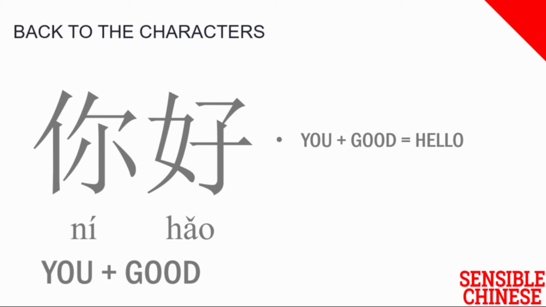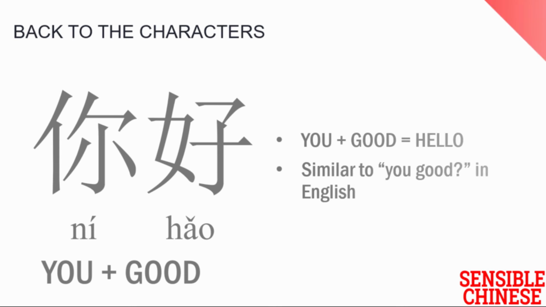The logic here is a bit like, hey, what's up, or you good in English. We're not necessarily asking a question, but instead just using the words as a general rhetorical greeting. I might say, what's up, to a friend, and they'd respond, what's up. Neither of us are actually expecting a full explanation of how the other person is feeling or what they're up to. It's just a greeting.